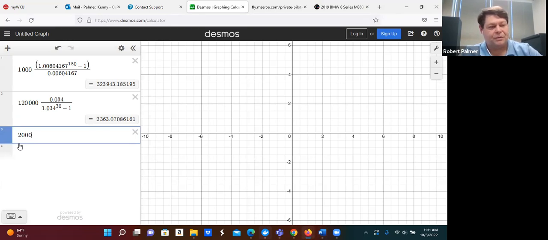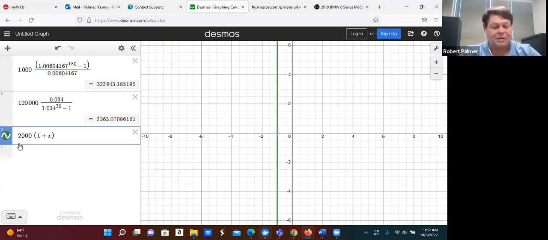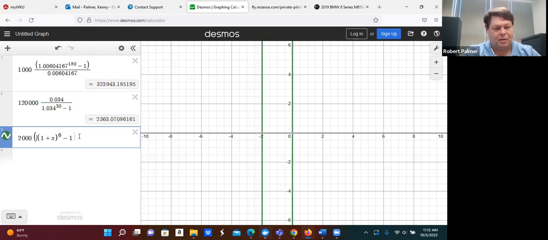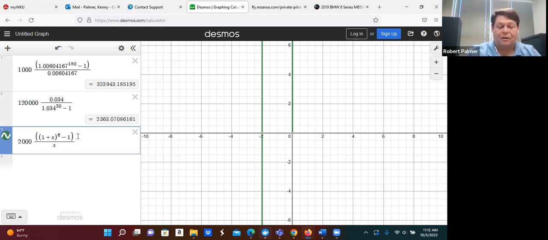So 2000, then in parentheses, 1 plus, and we'll call it x instead of I, the same idea, raised to the 6 minus 1. Now I need to put parentheses around this as well. Then divided by x. Now we'll graph that, but that's not it entirely. So then we're going to do minus 14,000.